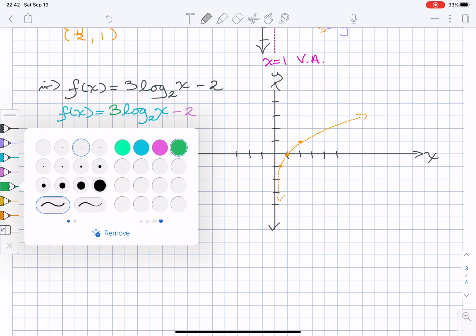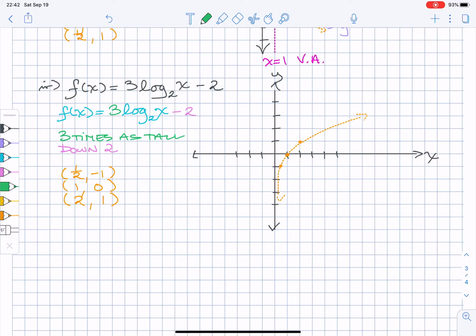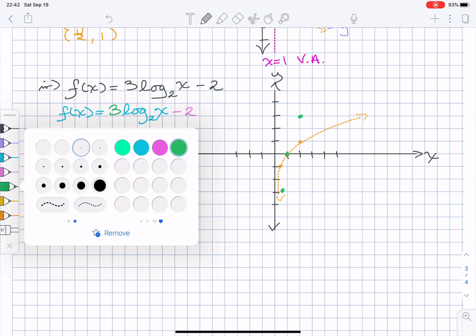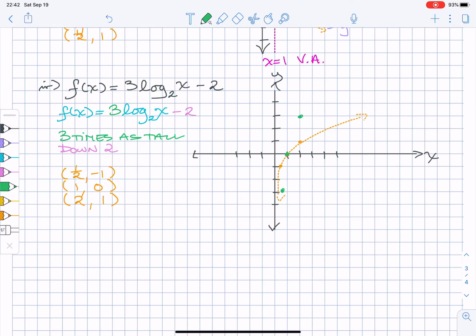So in order to make this 3 times as tall, 0 times 3 is still 0. Negative 1 times 3 is negative 3. Positive 1 times 3 is positive 3. So what we get now is this very elongated and thin logarithmic graph, something like so, 3 times as tall.